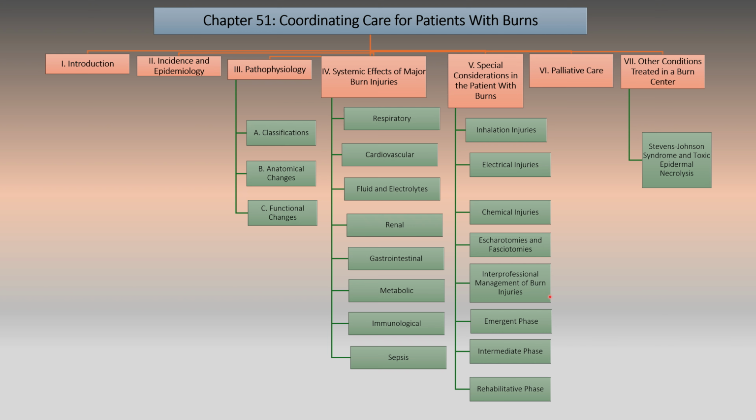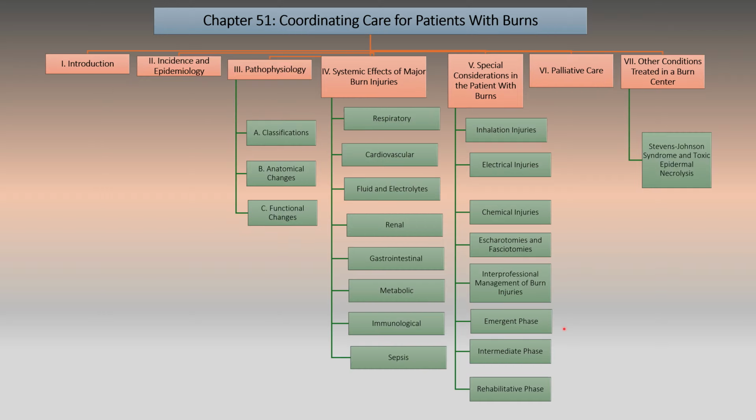The interprofessional management of burn injuries, in the emergent phase, medical management priorities are: airway management, 100% oxygen is administered, and early intubation is done if inhalation injury is suspected.